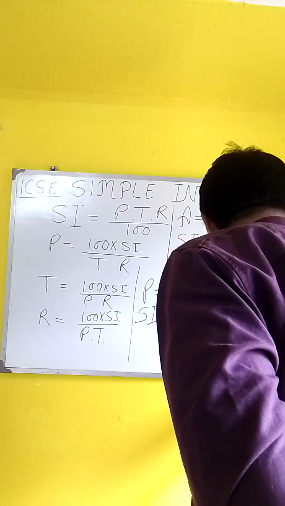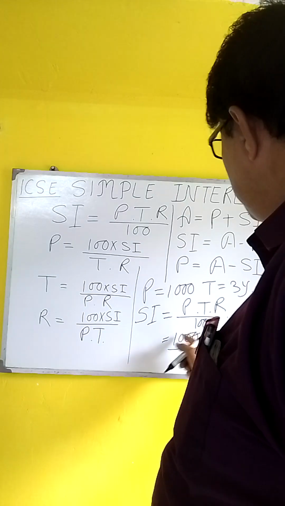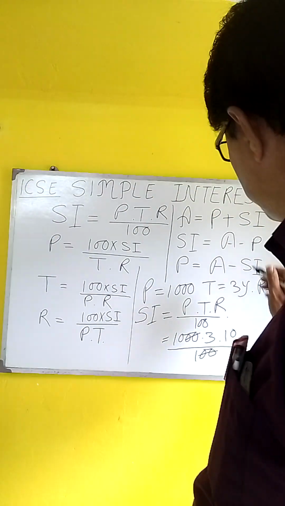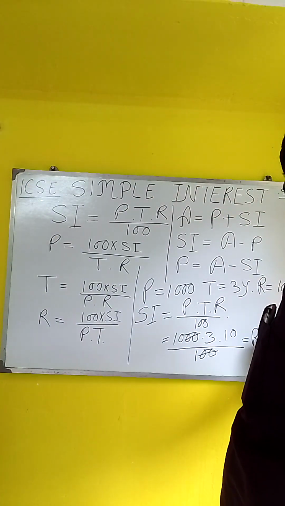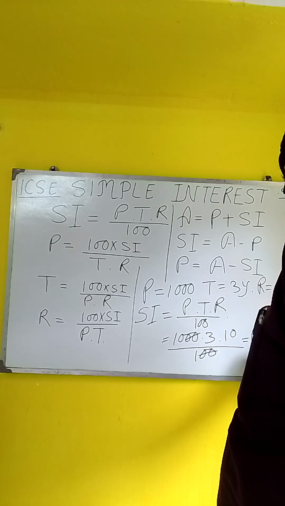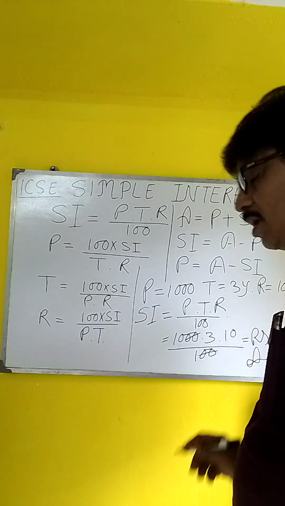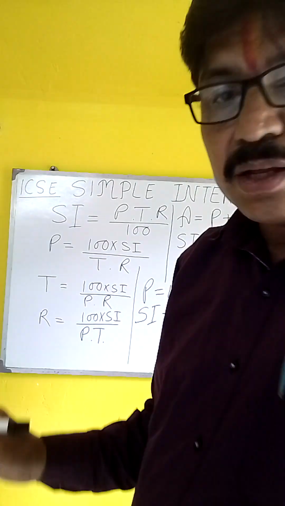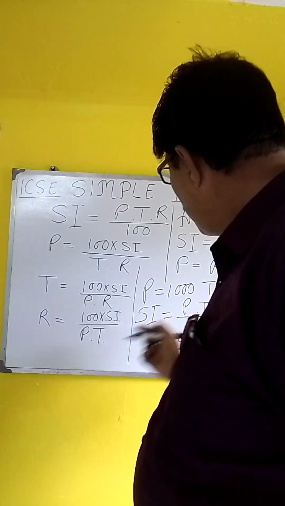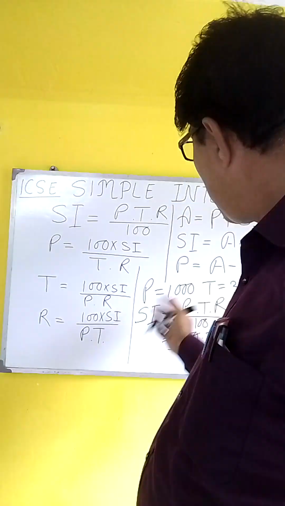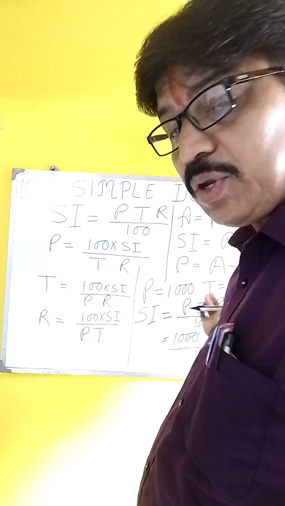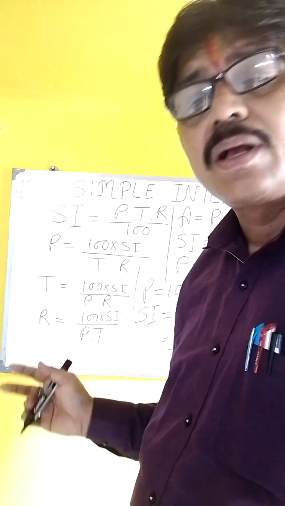So, the interest is 10 times 100, 100 into 3, 300 rupees. We get interest 300 rupees for this 1000 rupees for the time period of 3 years.